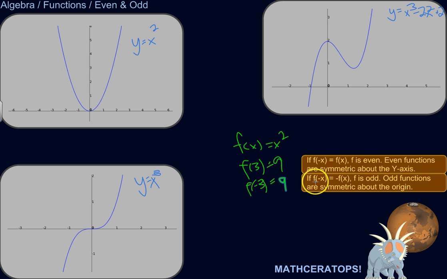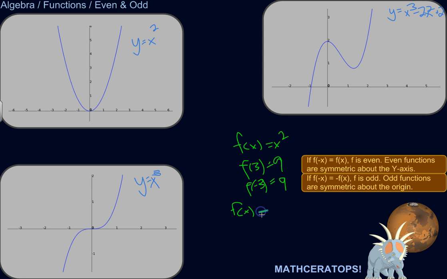So if f of negative x is equal to negative f of x, then that function is odd. x cubed would be a good example of that.